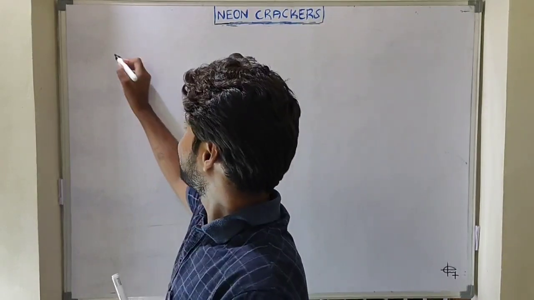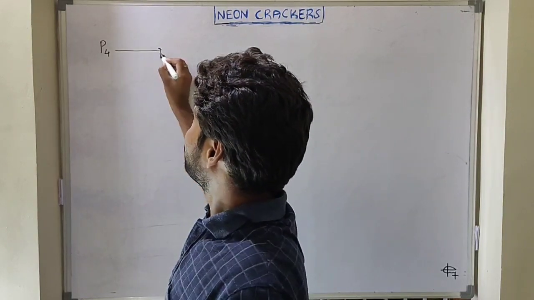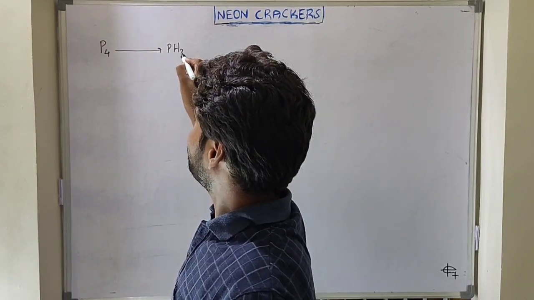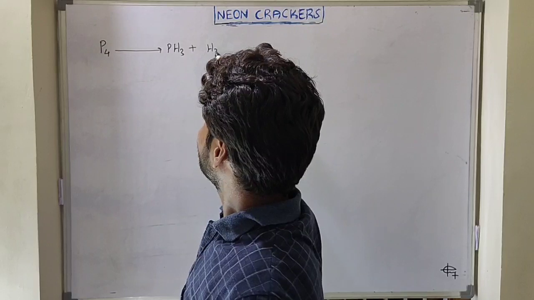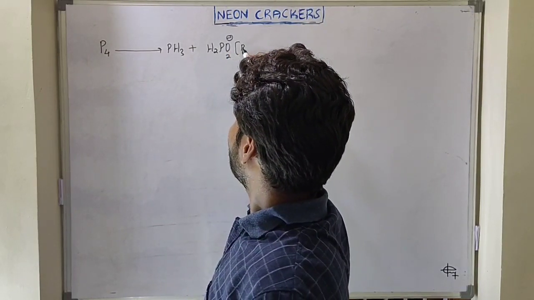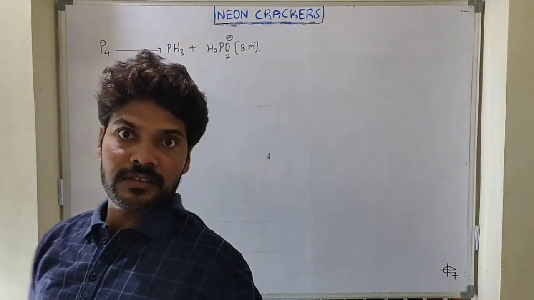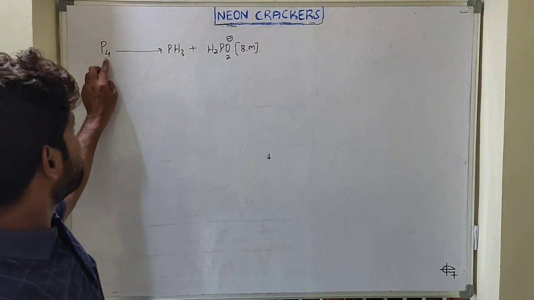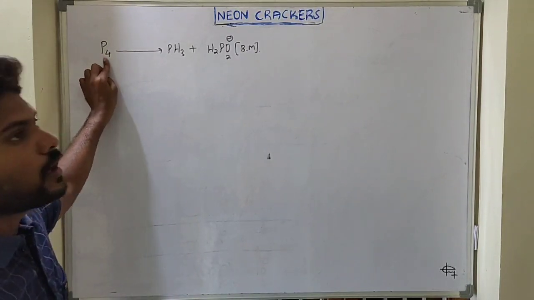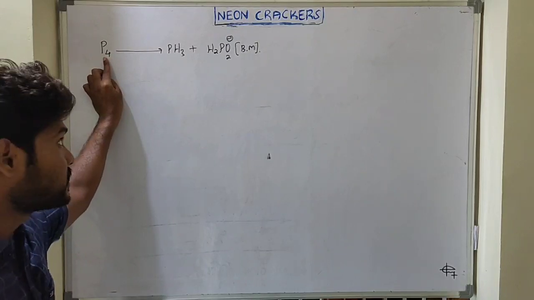Suppose P4 converts into phosphine plus H2PO2 minus ion. Balance this equation in basic medium. Here the polyatomic molecule is P4, or another polyatomic molecule like S8 sulfur, with the crown structure.